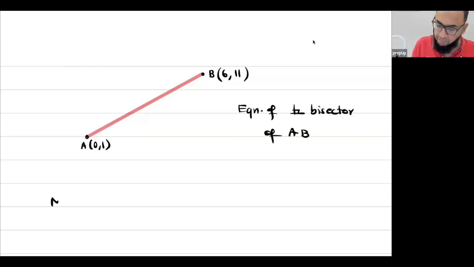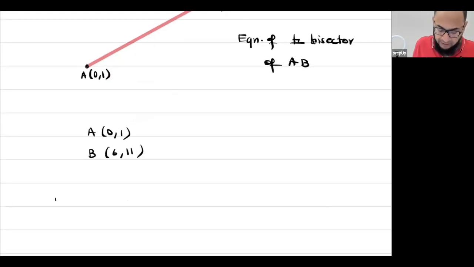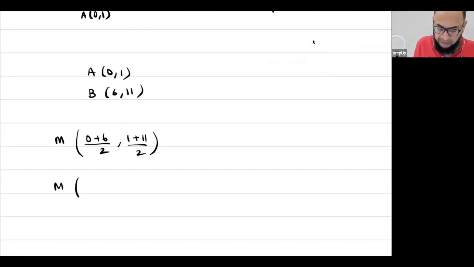Let me write A and B again. A is 0, 1, B is 6, 11. Let me find M, the midpoint: 0 plus 6 divided by 2, 1 plus 11 divided by 2. So M is 6 over 2, that is 3, and 12 over 2, which is 6.